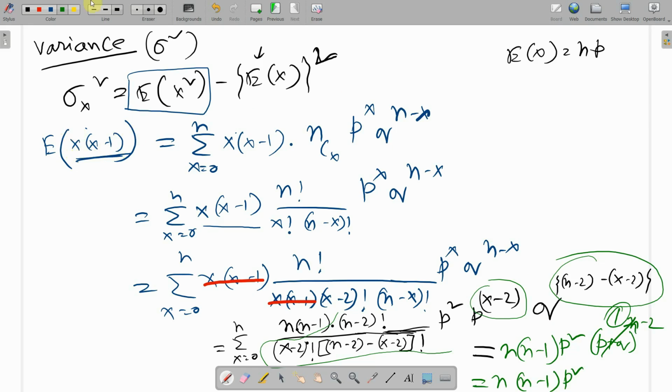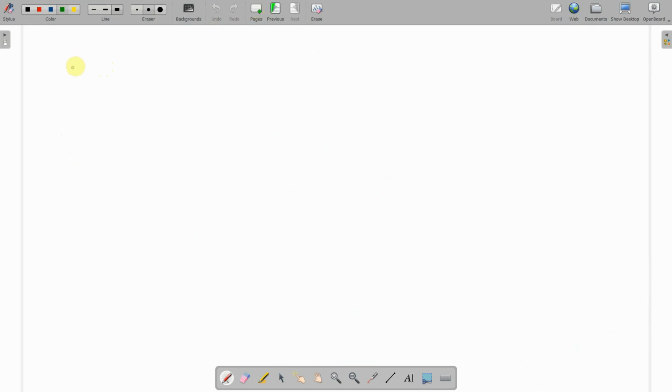So next page में मैं लिखता हूँ: sigma x square equals to, we know, E of X square minus E of X whole square.